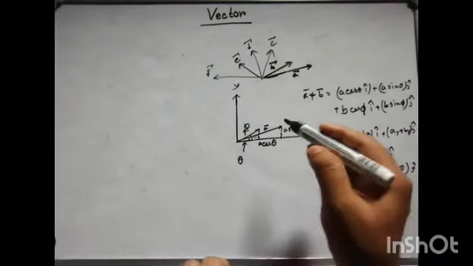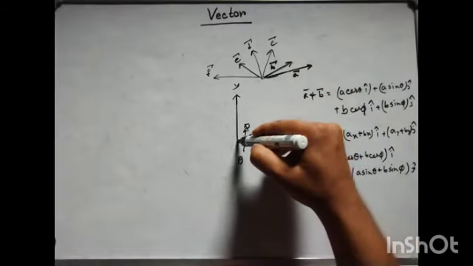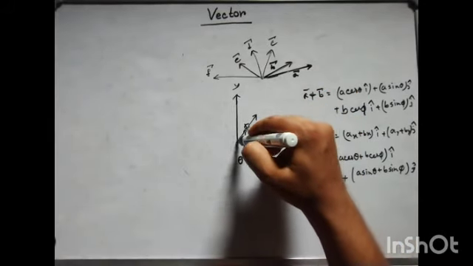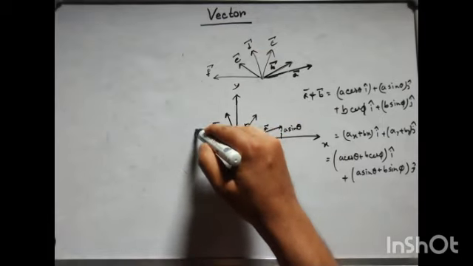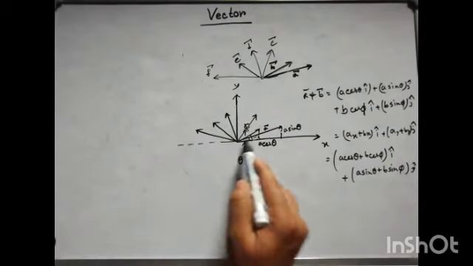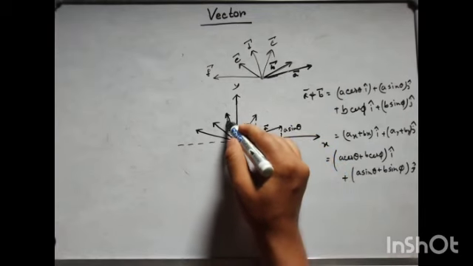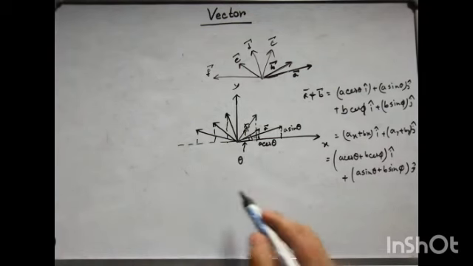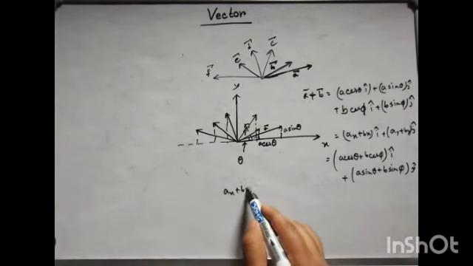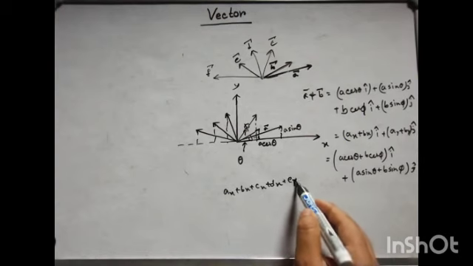You can take a rectangular coordinate system and then draw these vectors. Then you can find the x components of every vector: ax plus bx plus cx plus dx plus ex plus fx.